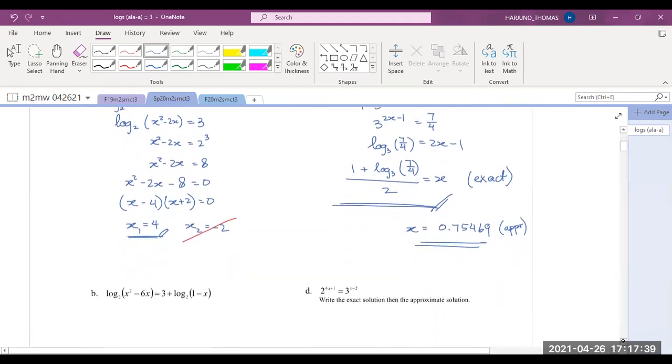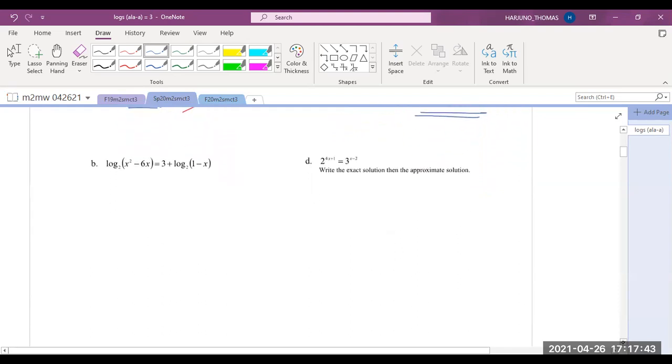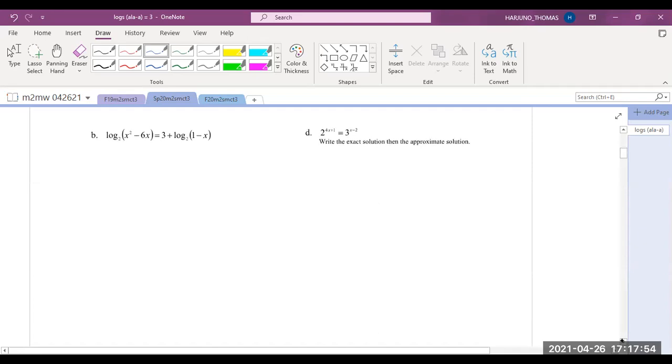Now let's go on with part B and part D. I need you to be strong in this because you know this will be on your page 1 in your test, right? So let's do this one first. Move the log base 2 to one side.